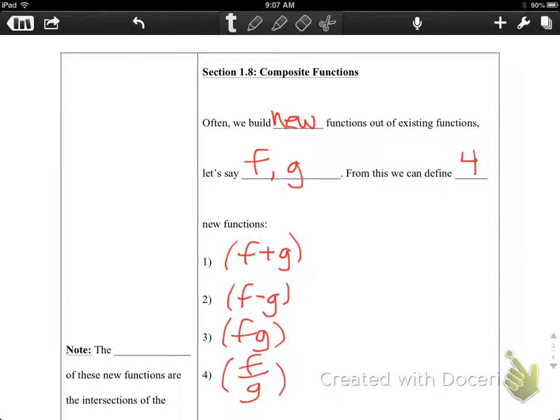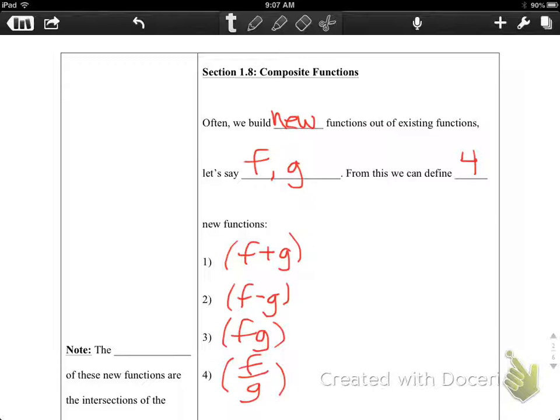Okay, so now we are moving on to section 1.8, which is composite functions. But before we talk about composite functions, we're going to talk about some other new functions. Often we build new functions out of existing functions. So let's say we have two functions, f and g. From this, we can define 4 new functions.